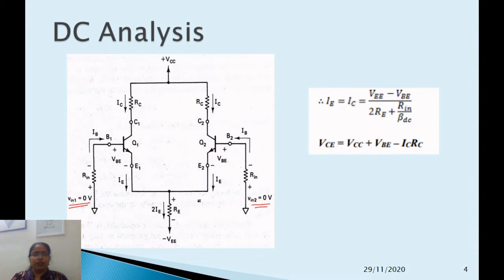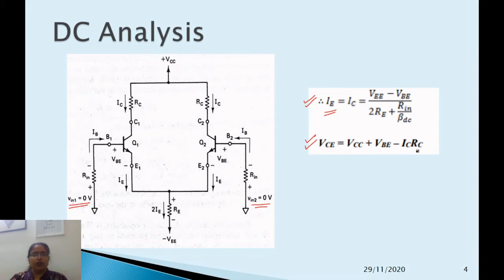This circuit is very similar to the first configuration, the dual input balanced output differential amplifier, and we had covered the DC analysis, which is the same. I also told you in that video that this DC analysis stands for all the four configurations. So we will be using the end results of this analysis, and these are the operating points of this amplifier: IE is equal to IC, which is equal to VEE minus VBE upon 2RE plus RB upon beta DC, and VC is equal to VCC plus VBE minus IC RC.